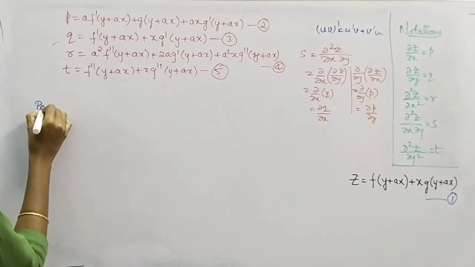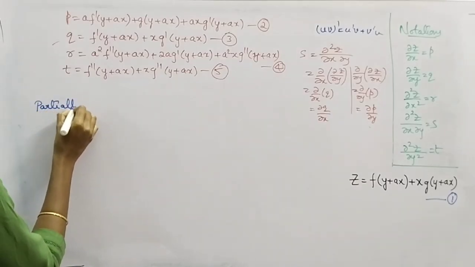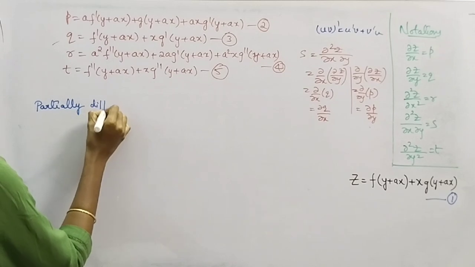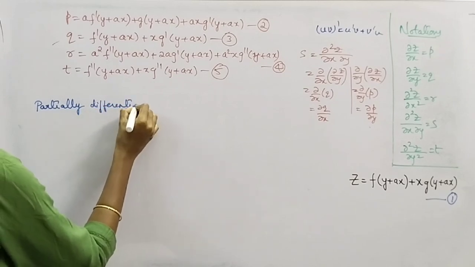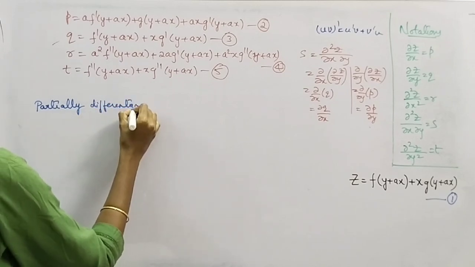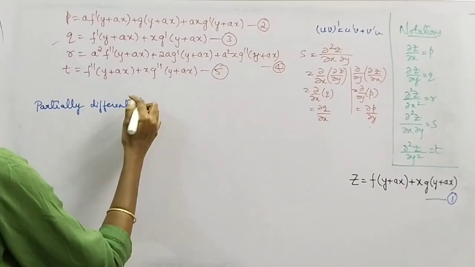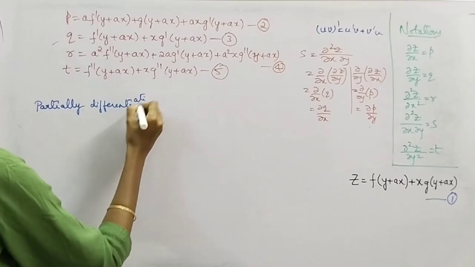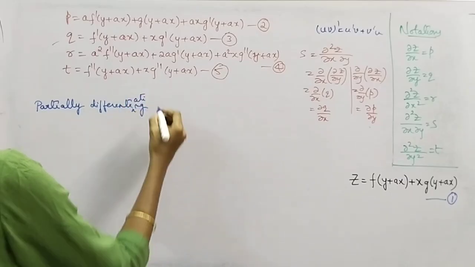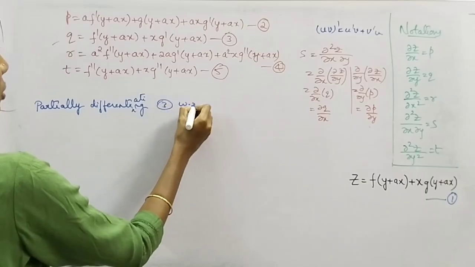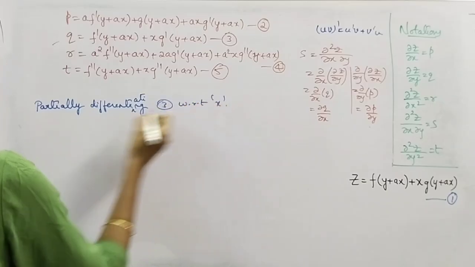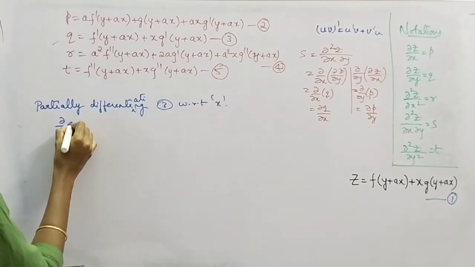Partially differentiating equation 3 with respect to x. I'll just apply dou by dou x on both sides of 3.